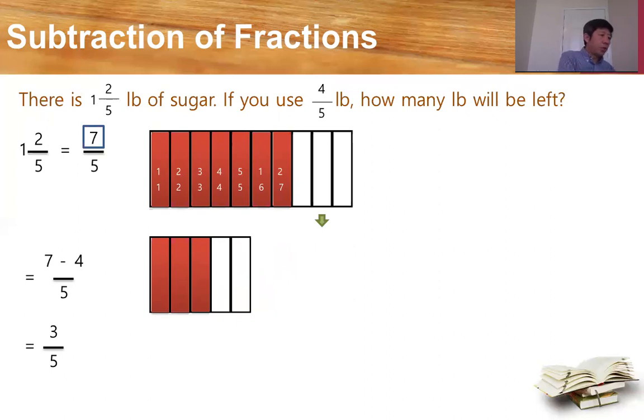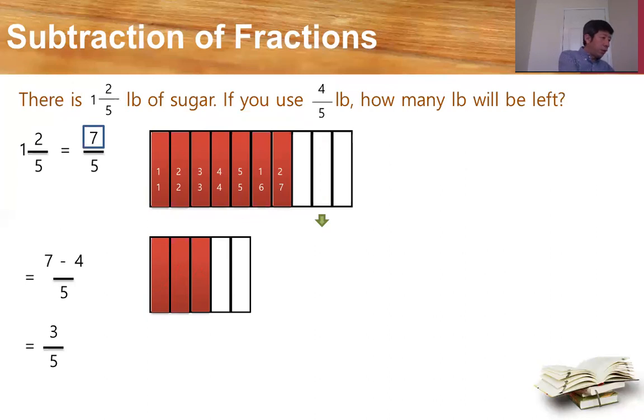So the total is 7. Now I want to take away 4 of them. Take away 4 of them. So therefore, that's why I got 1, 2, and 3. 3/5, right? 7 minus 4, which is equal to 3, right?